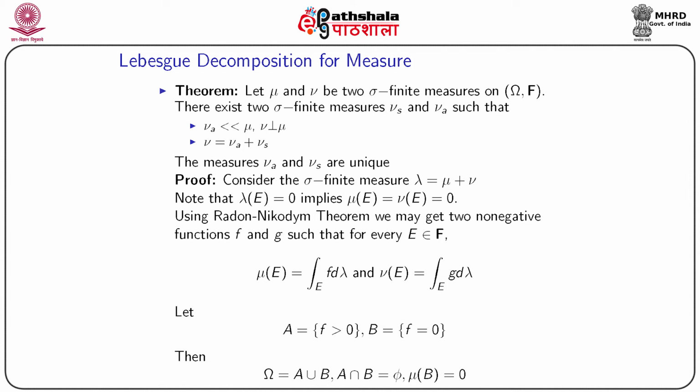Now take the set A as f greater than 0 and B as the set where f is equal to 0. Since f is non-negative, omega is A union B, A intersection B is phi, and mu of B is equal to 0.